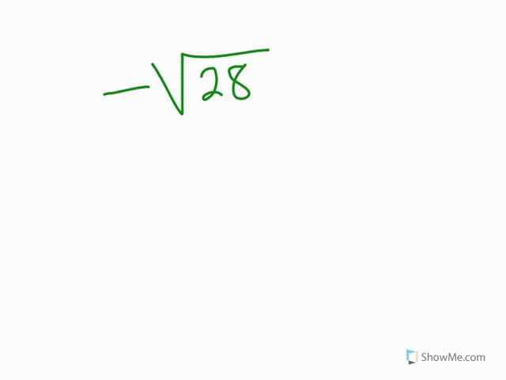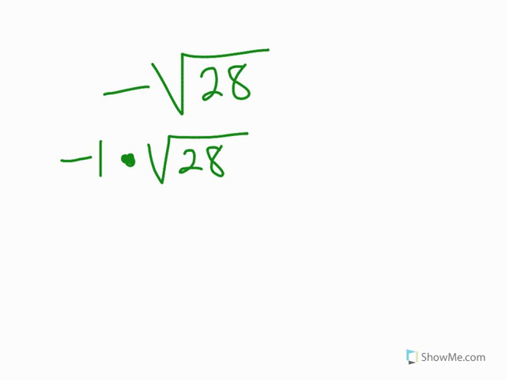But you can have a negative outside the radical. It doesn't matter. If you have a negative outside the radical, it means negative 1 times square root of 28. That is what it means.